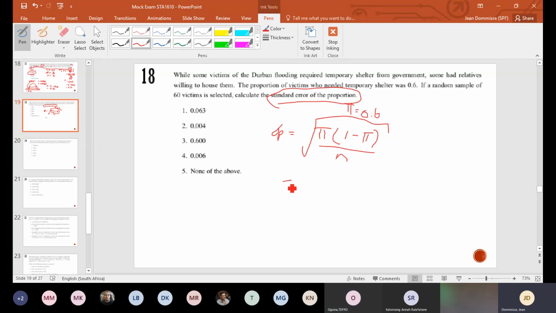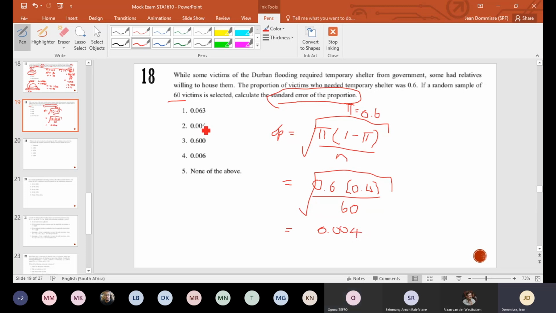So now we need to substitute. So 0.6. 1 minus 0.6 will be 0.4, and it is divided by n, which is 60. It looks a bit weird, but trust me, it is a square root, so it's 0.6 times 0.4 divided by 60, which gives us 0.004.